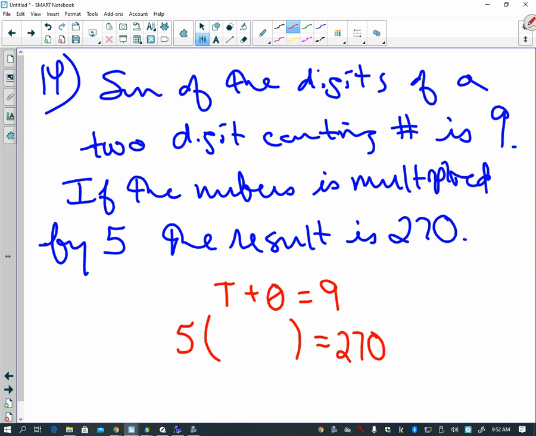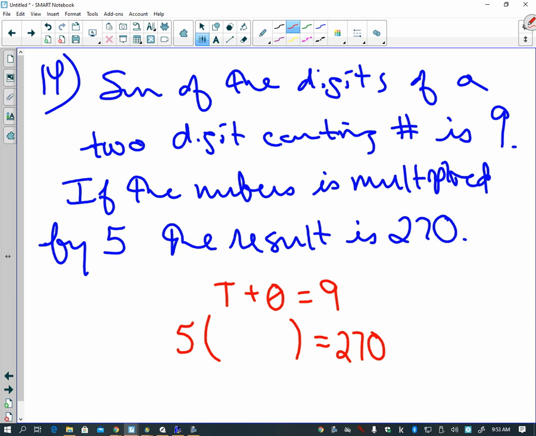Why not? What is the coefficient of the ones digit? Should just be 1. The ones digit is worth times 1. It's not going to change its value at all. We're talking about the ones digit by itself.